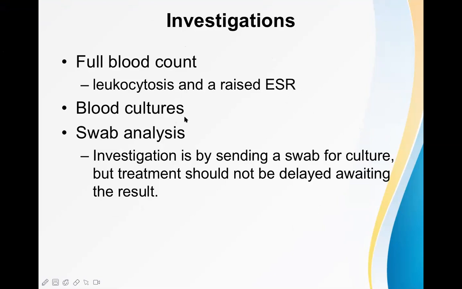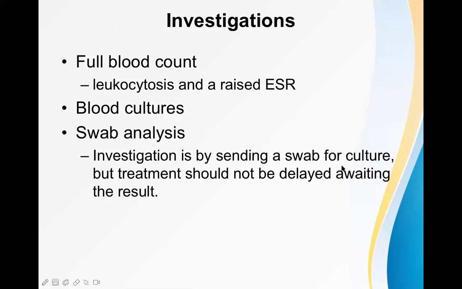Blood cultures are important because this is a serious type of infection. This is not a very ordinary superficial infection. This is deeper and a serious type of infection. So blood culture is usually ordered just to make sure that the same organism which is causing cellulitis grows in the blood culture as well. Another is swab analysis.